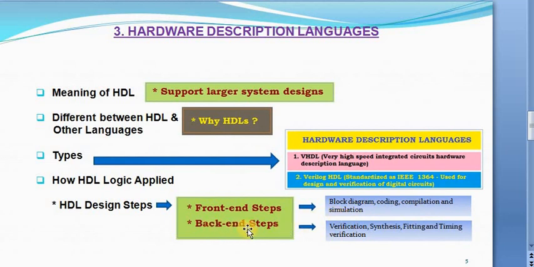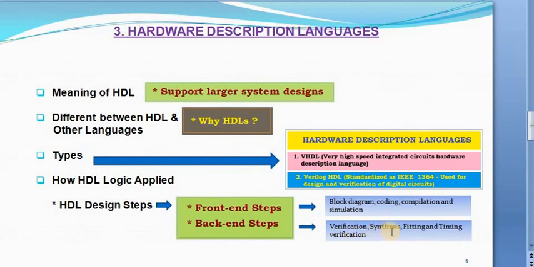And the back end design steps include another four modules: verification, synthesis, fitting and timing verification. The verification is further of two types, functional verification and timing verification. Functional verification is the study of the circuit's logical operations, and timing verification is the study of circuit components such as delays and timing requirements.